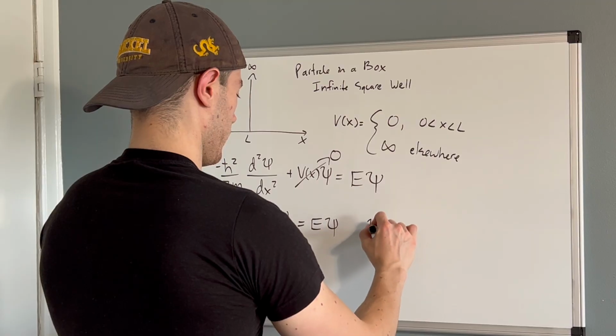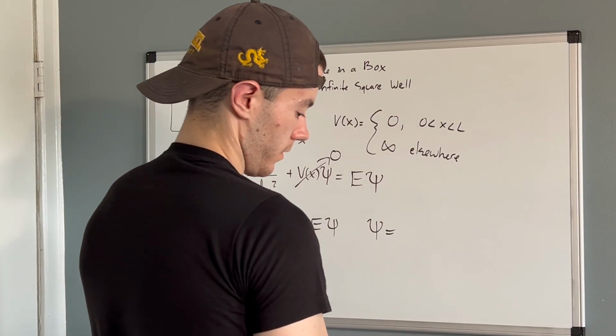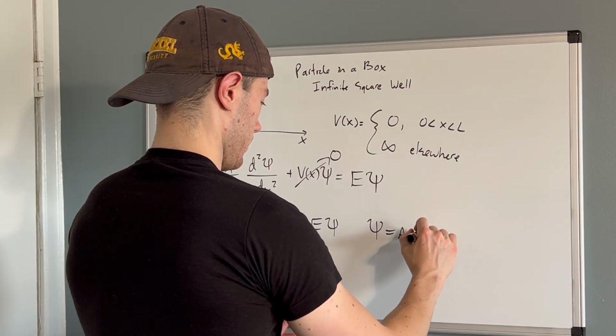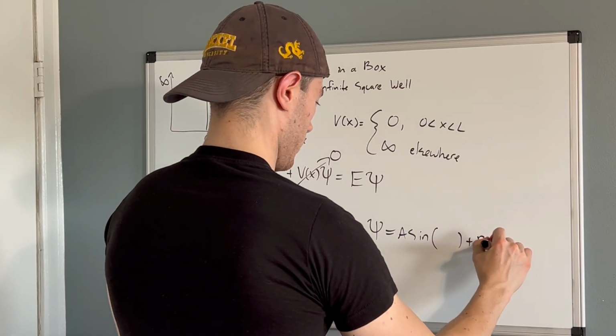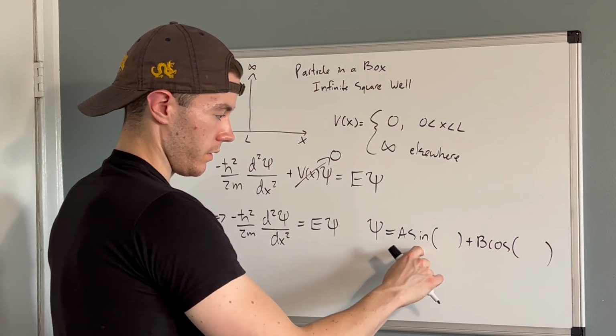So you can feel free to look it up. I'm not going to solve that here, but they are a combination of sine plus cosine. What's the argument of the sine and cosine?